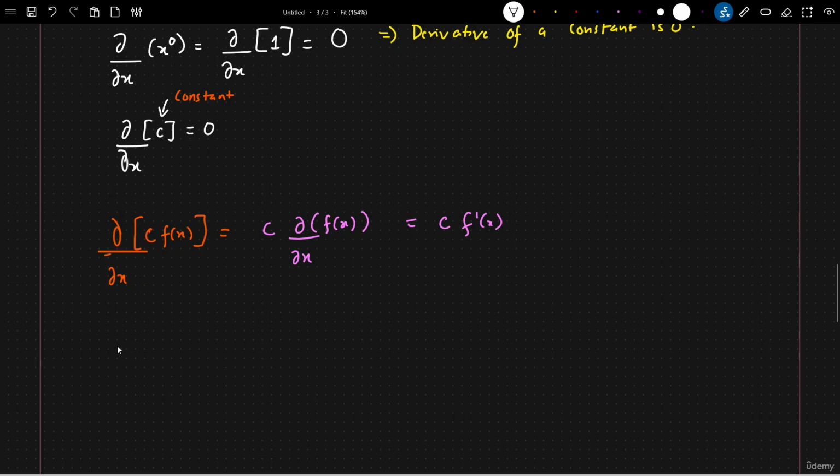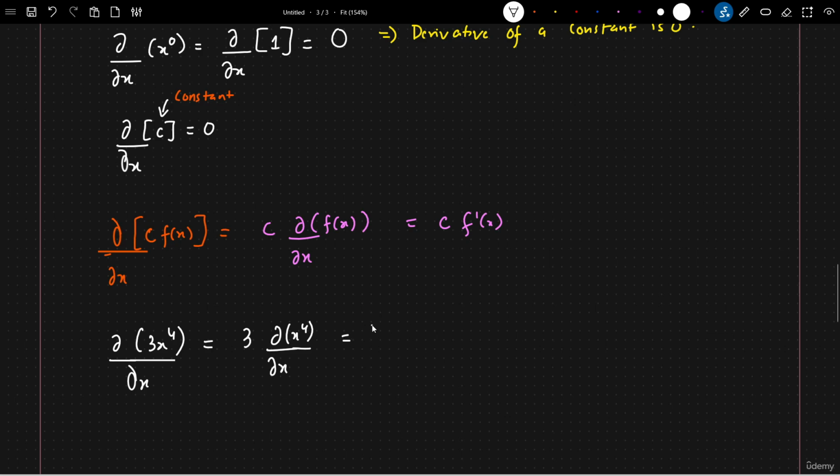Let me take one example. Let's say I want to find the derivative of 3x to the power of 4. Here 3 is my constant, so I will keep the constant like that. Then I find the derivative with respect to x of x to the power of 4.